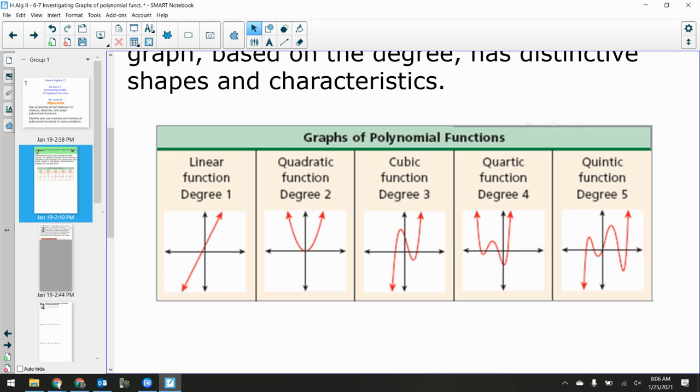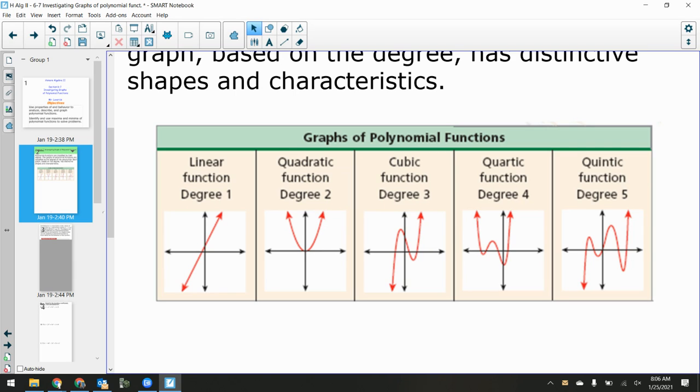Peaks or valleys. We'll learn a more technical name at the end of this section: local maximums, local minimums. 1, 2, 3, 4. So if there's 4 in degree 5, how many are there in degree 4? 3. How many in degree 3? 2. How many in degree 2? 1. How many in degree 1? 0. So there's always n minus 1 of what we'll call turning points, local maximums or local minimums. In calculus, we call those extrema, extreme values.